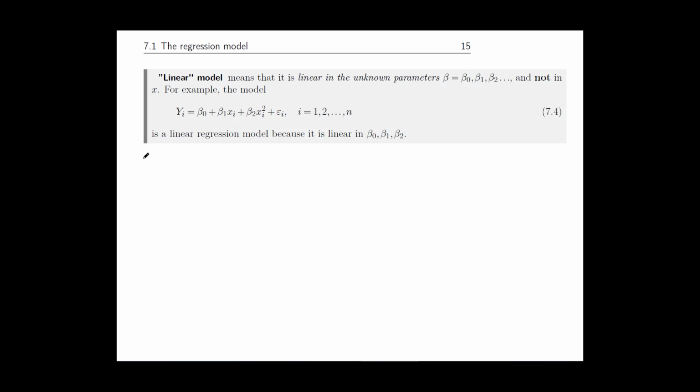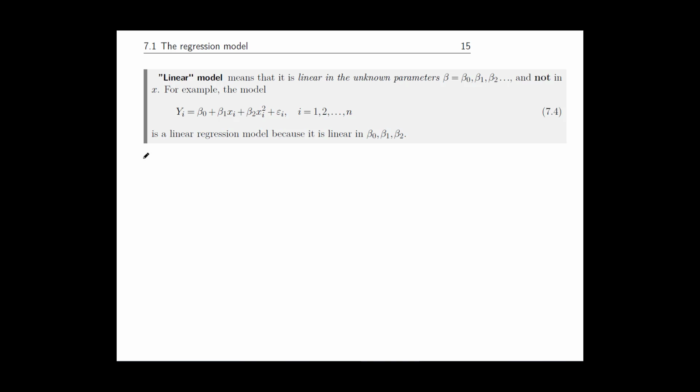Now, the word linear is misleading because it turns out that the word linear refers to the parameters beta and not to x. So for example, that model, we say that it's also a linear regression model. So that linear term refers to the betas, because you don't see a beta raised to the power of anything. So it's linear in beta.